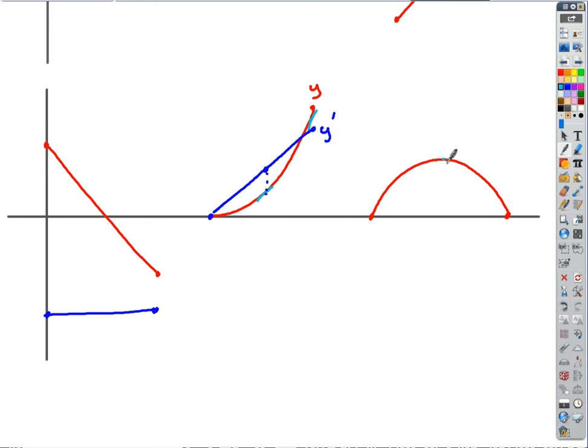Undefined? Not undefined. Well, the tangent looks like this, right? So a horizontal line has a slope of what? 0. 0, right? Okay, so we can see that at the point on the curve where the tangent is horizontal, and this is a huge deal in calculus, that's a place where we know the derivative has a 0.